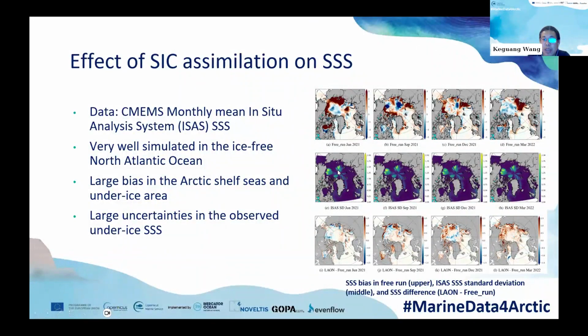So this is the uncertainties, showing how reliable the data itself is, but still, I think, in the coastal Arctic regions there is still quite a large bias. But when using the data assimilation, we can see in much of the Arctic region after 1 year, this is the difference. So when combined together, it's closer to the observations.